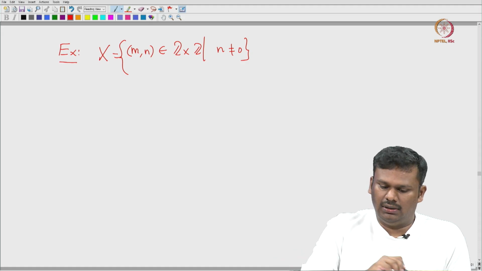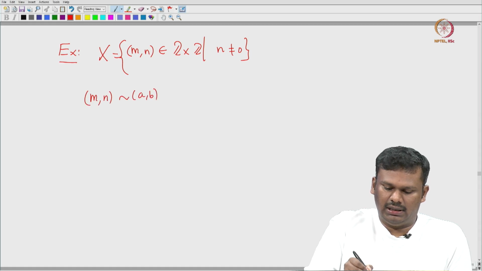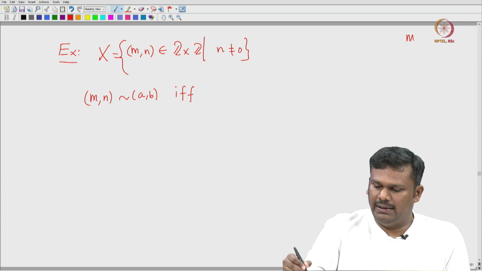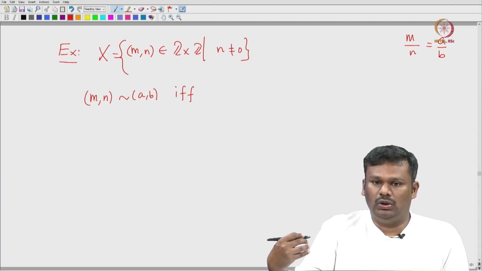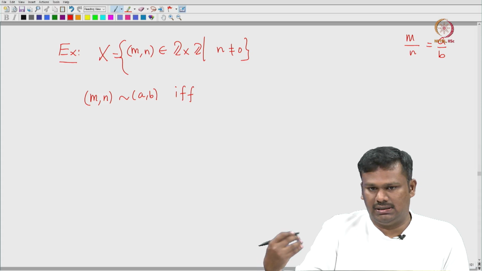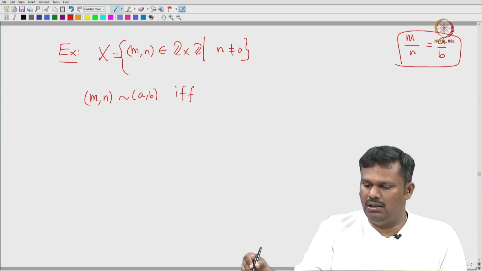Here, we just say that (m, n) and (a, b) are related if and only if m by n is the same as a by b as rational numbers. But let us say that we do not know how to define rational numbers, so we do not know the meaning of a by b.